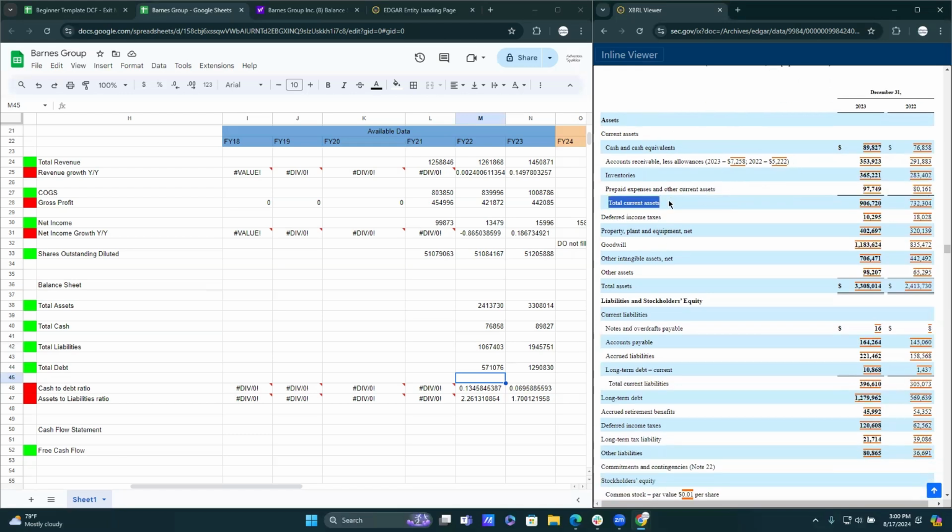That sums up our total current assets, so we get a value there. And then we look at deferred income taxes. When we say deferred, we mean at a later date. So those income taxes will probably be paid, I believe this would be on the receivable column, so paid to the company at a later date. Property, plant, and equipment is anything that the company uses to make the goods.